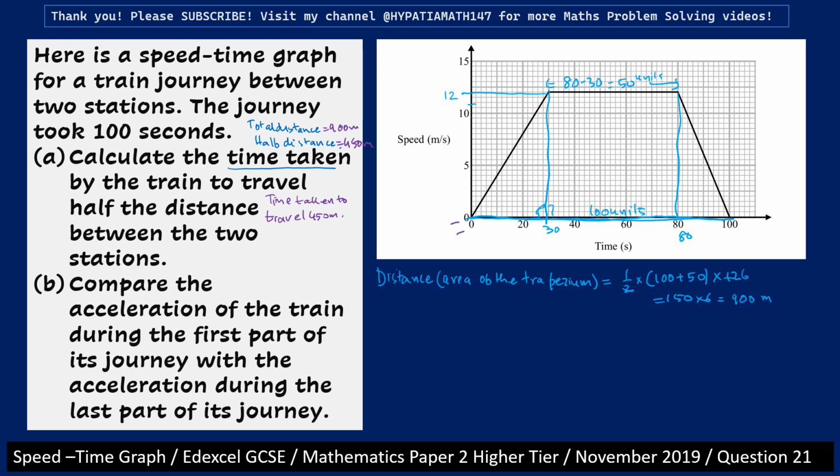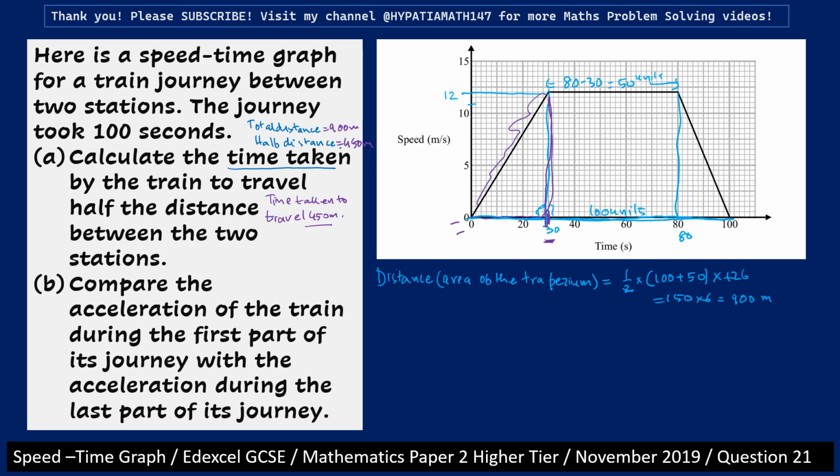In the first part, the speed is changing, there is acceleration. So to find the time, what I would do is find the area of this triangle to find the distance, and we know the time already, that's 30 seconds.